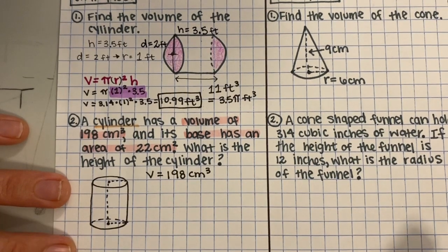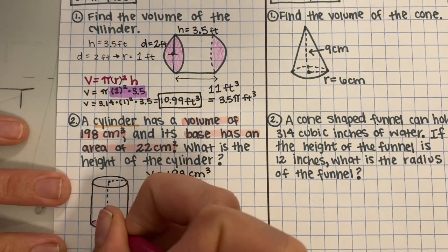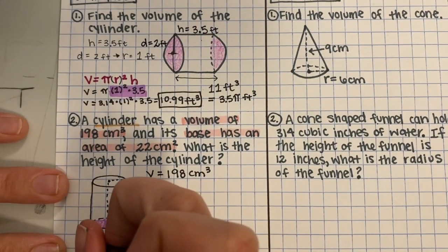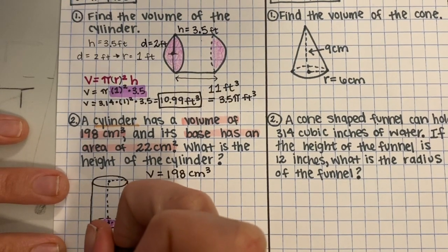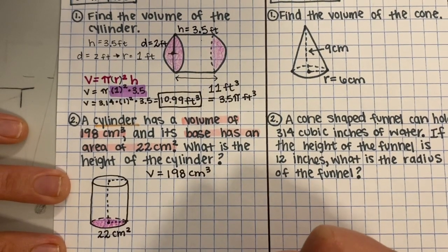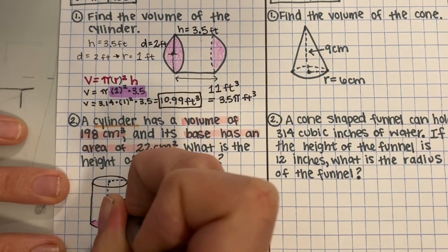So the area of this circular base is 22 centimeters squared. It's asking for the height of my cylinder.